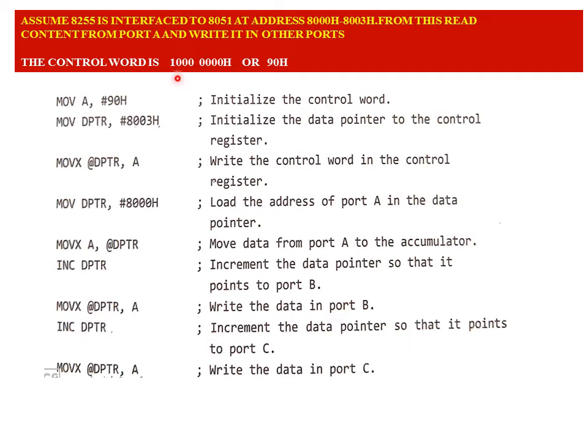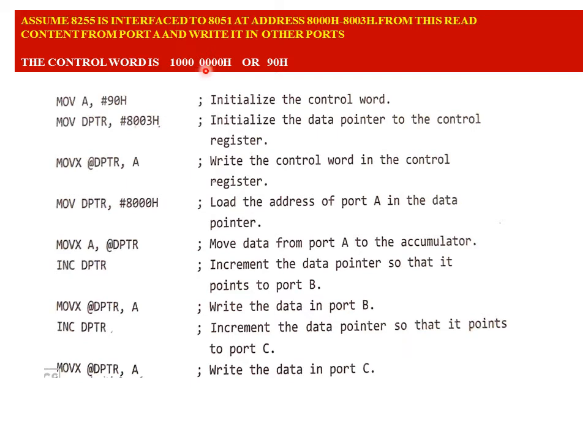Now if you observe 1000 0000, if you decode this, the first bit decides the IO mode, and the next 2 bits 00 decide the mode 0 operation, and this 0 decides the port A direction. Now port A we are considering as an input port, and this 0 decides the port C direction.